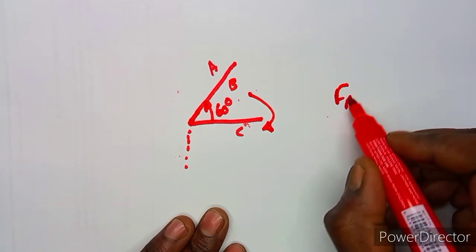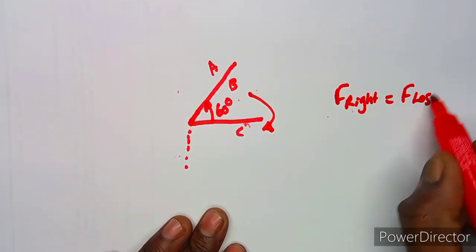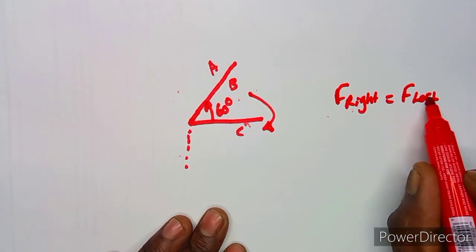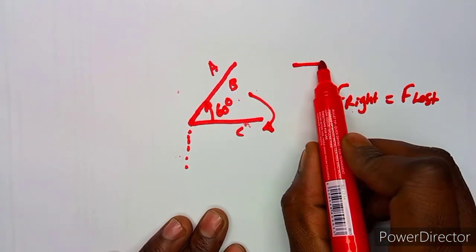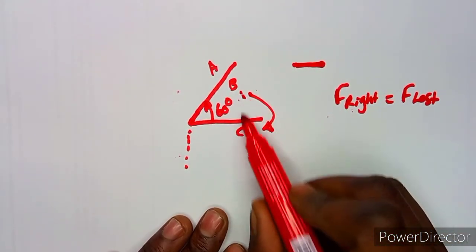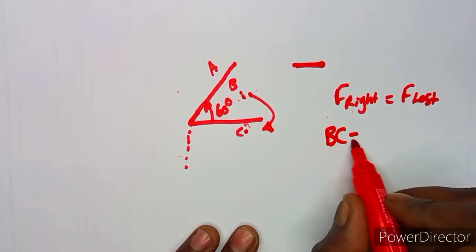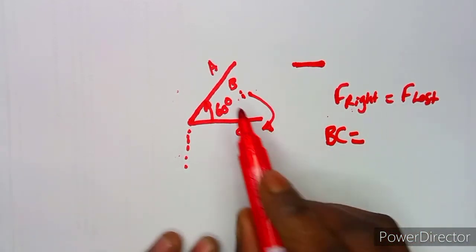So F to the right is equal to F to the left this time. So it means we have to work with cos, because it's all about horizontal cos. So to the right, that is your BC, the one that you want to calculate. So BC is equal to the left, AB.